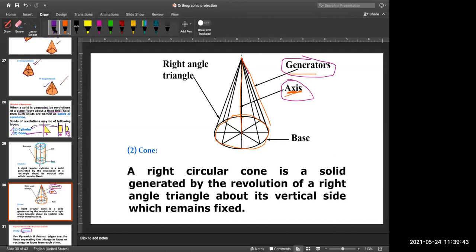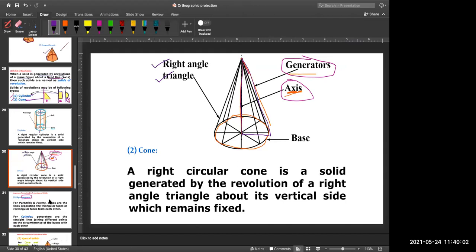Because suppose you have one triangle over here, if you revolve this triangle about the axis, then you will get this right angled triangle cone. So this is about your cone.